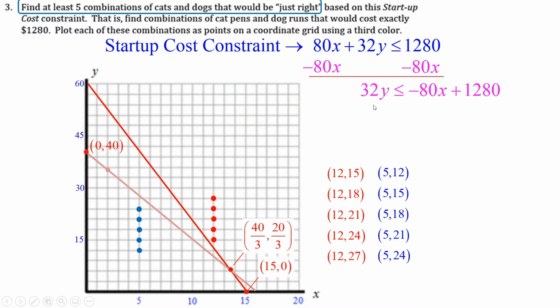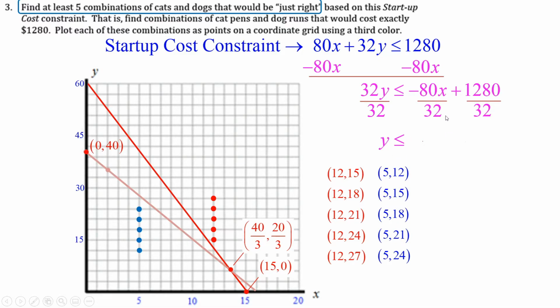Now let's divide every term by 32 to undo this multiplication by 32. Less than or equal to, notice I divided by a positive. It does not affect my inequality symbol. And 32 divided by 32, those cancel, leaving my factor of y.